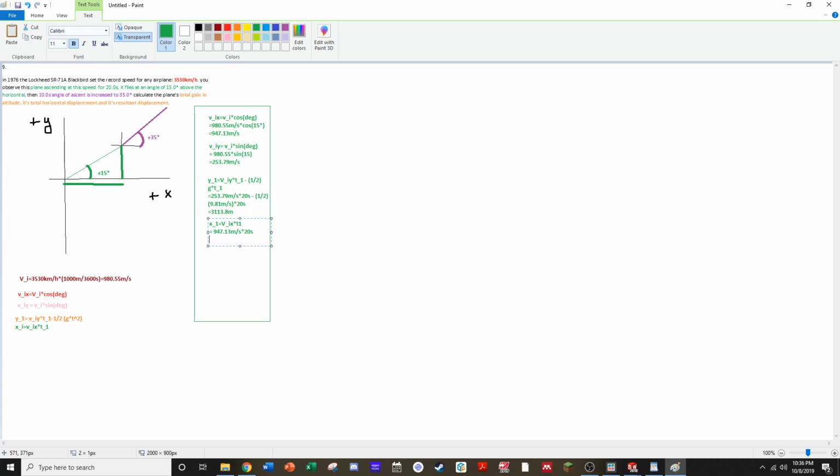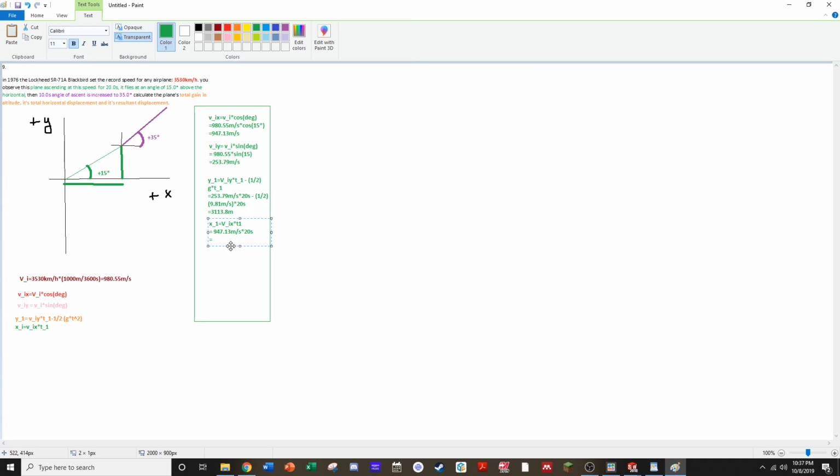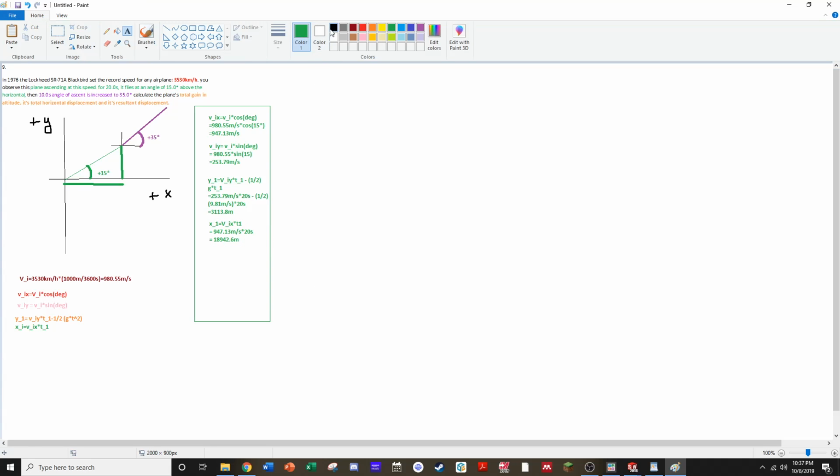We're going to plug that into our calculator. 947.13 times 20 is 18,942.6 meters. So our plane has gotten pretty far.